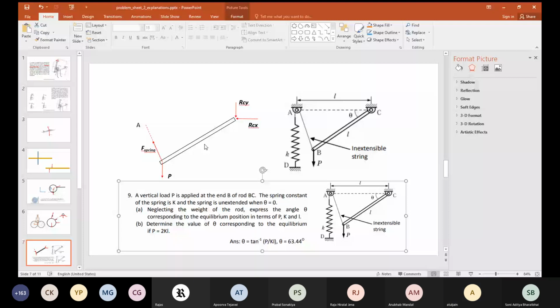This is P. The spring constant of the spring is K. When the spring is unextended, theta is 0, when B and A are actually the same point. Now, when B and A are separated, there is angle theta between ACB. The spring has extended a little bit, so there is going to be some spring force. Now, we have to find the relationship between theta, P, K, and L.